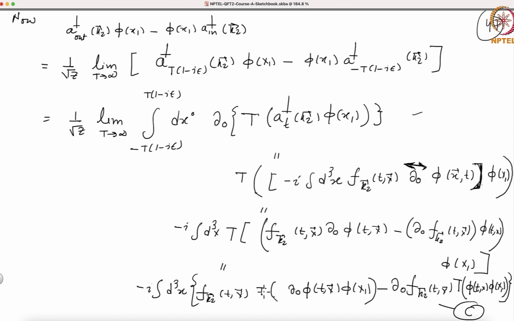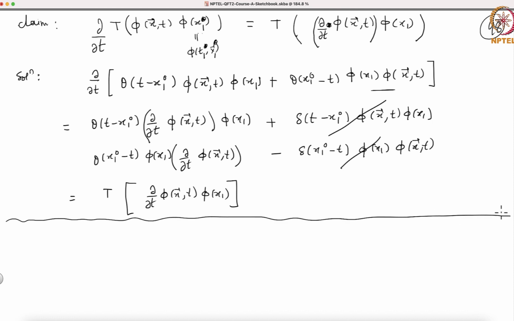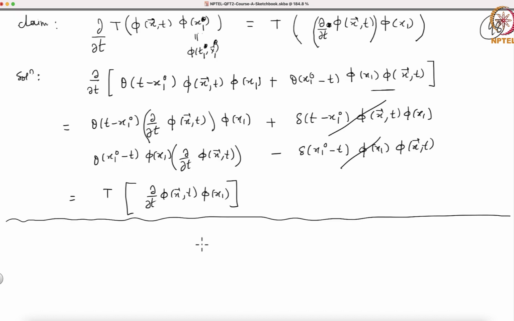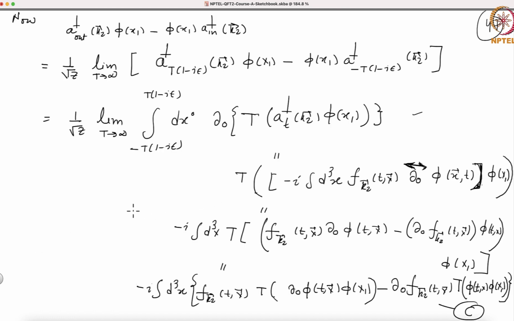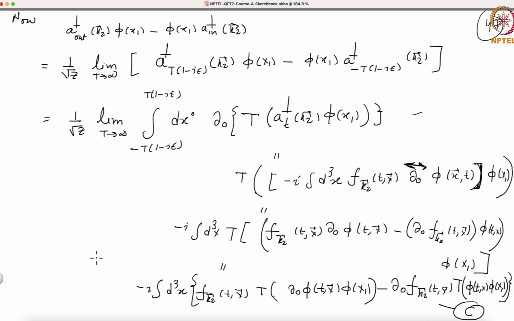So this gives you what? We'll continue from here. I will continue from that page. So you have minus i d cube x, and then you have f k2 t x.